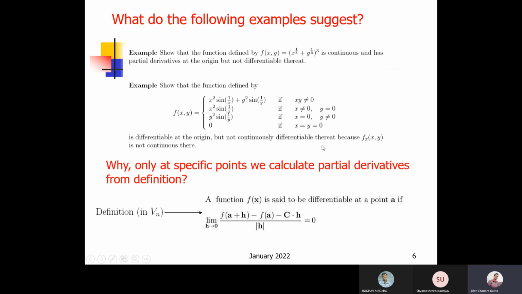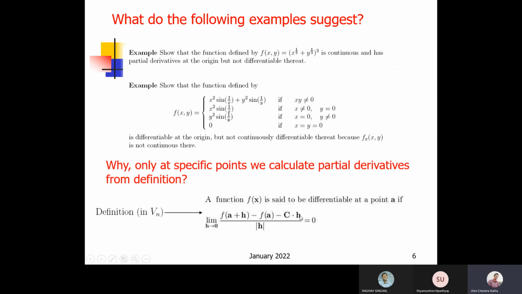See, if I consider a function of more than two variables, as I told you yesterday or the day before in my earlier classes, we can define the limit and partial derivative, all these kinds of things, in terms of vectors also. So for a function of n variables, consider the differentiability of the function at a point A. A is nothing but the point given by the vector (a1, a2, up to an).